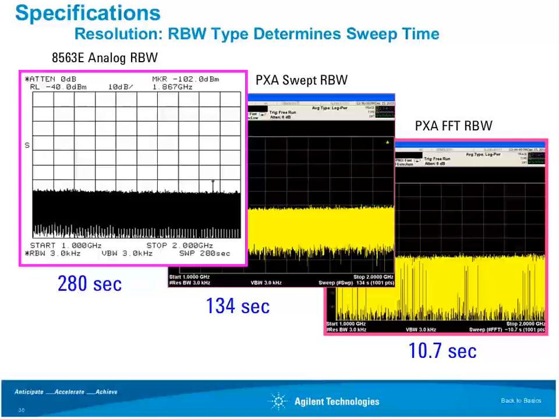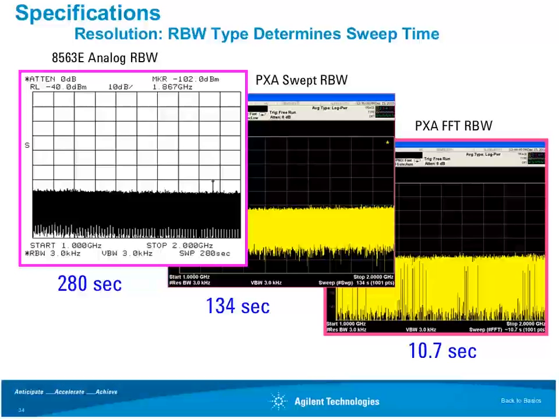Here are some examples of the kind of measurement speeds you might get. On one of our older analog instruments, the 8563E, for a 1 to 2 gigahertz sweep with a 3 kilohertz filter, it would take 280 seconds.